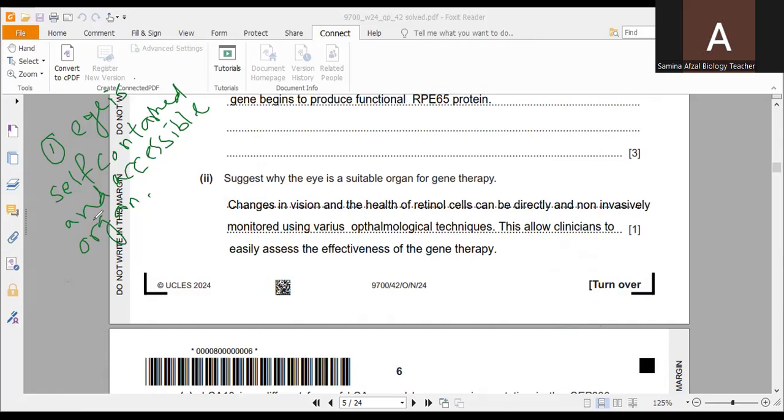This localized delivery minimizes the potential for the vector to spread to other tissues. So in this way. And second is immune privilege.